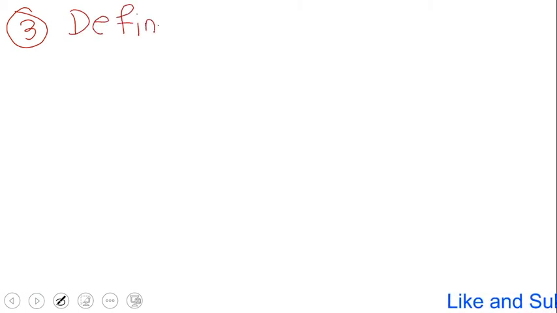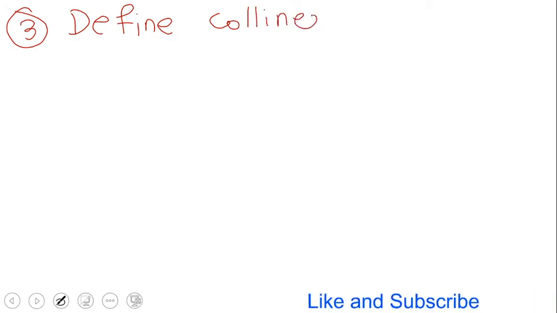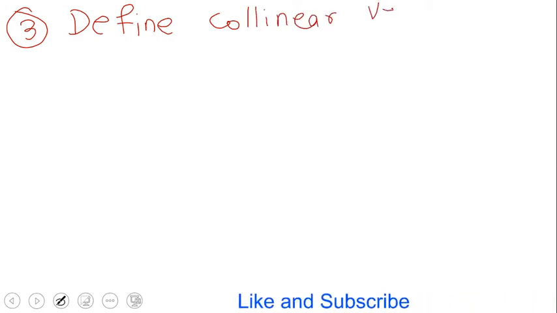Third example, we will discuss it. Possible 1 mark question: define collinear vector.